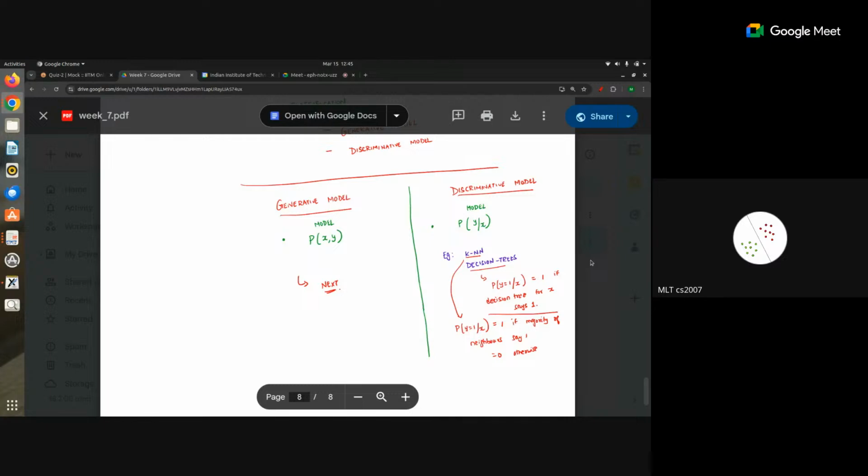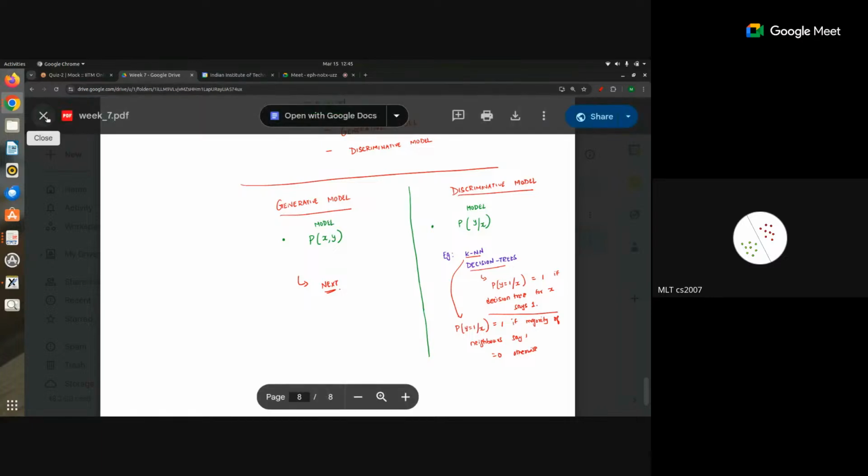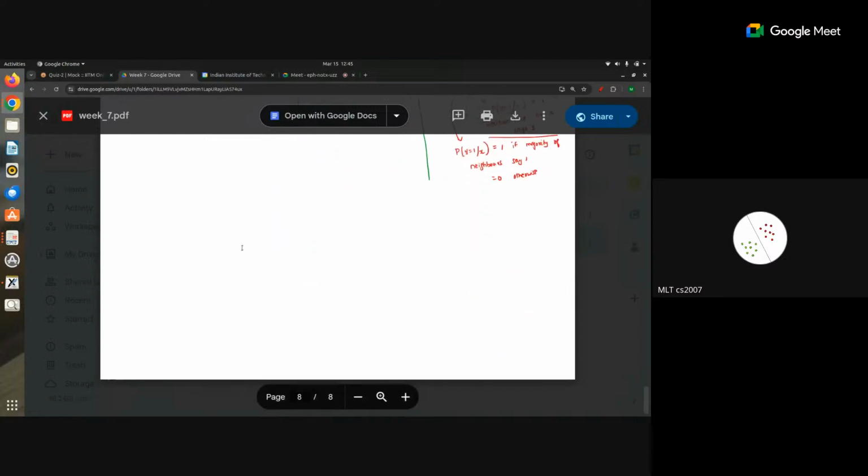And in the generative models, we know the pair of an email content and its label, and what is the probability of getting that pair? That is the understanding of the generative models.